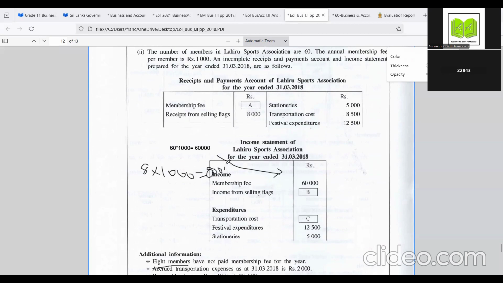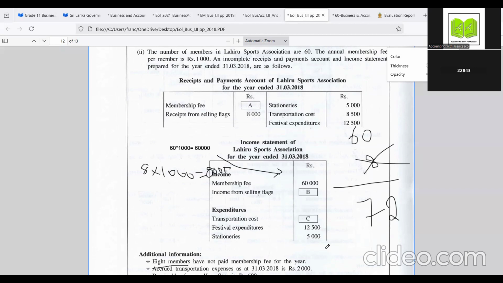Can I know then how many members have paid? There are 60. 8 have not paid. How many members have paid? 52. I am not a mathematician.